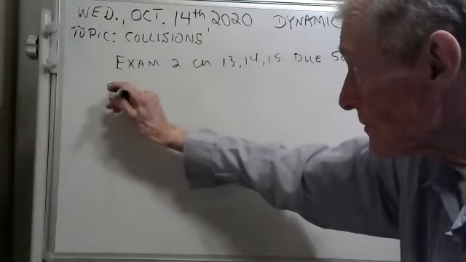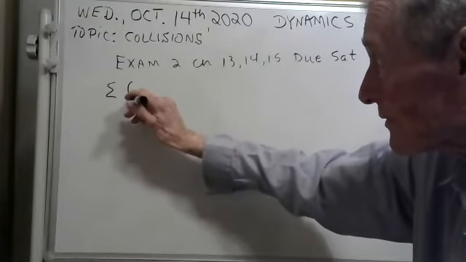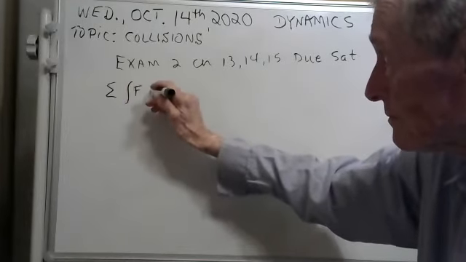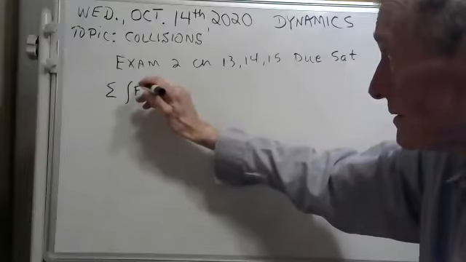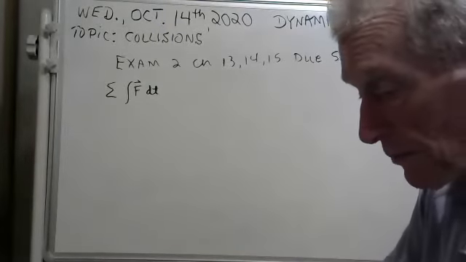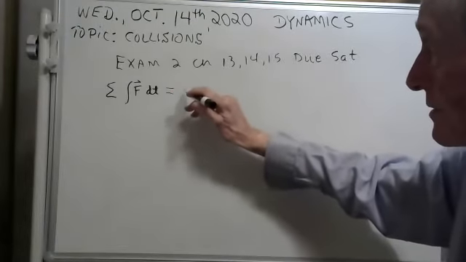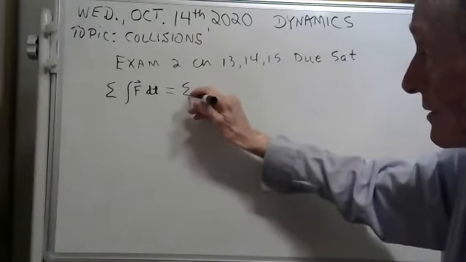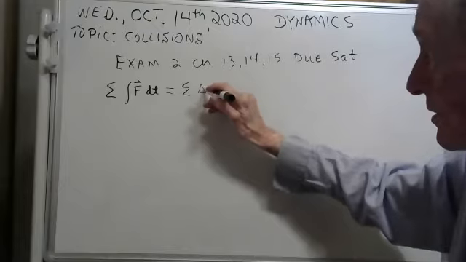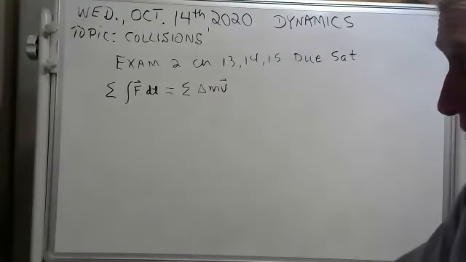If you have a system of particles, and you add up the impulses on all the particles, that's going to give you the sum of the changes in their momenta.